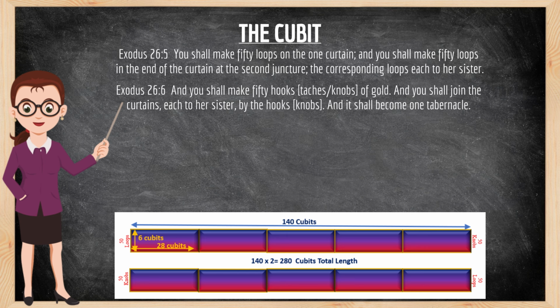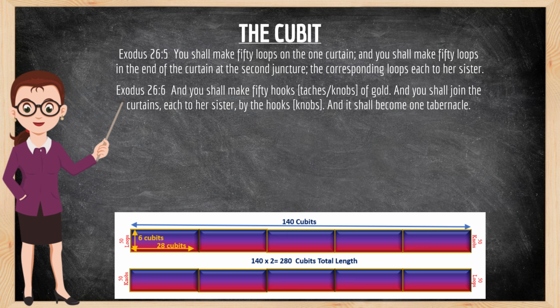So the 50 hooks and 50 loops hooked together to make one tabernacle. And there's one end of the 5 set of curtains has loops, and one end has hooks. And that goes for both sets of the 5. So the 5 and 5 are connected through these loops and hooks.